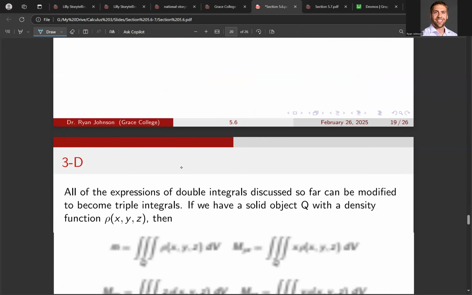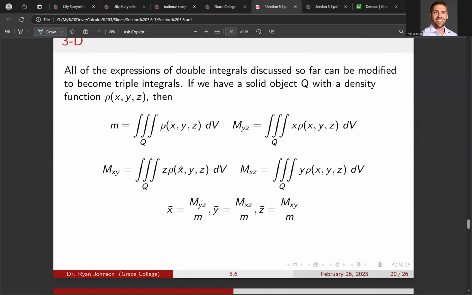Now, we can also do this in 3 dimensions, and it all works roughly the same. You call your moments Myz, because it's the moment around the YZ plane, where the distance from the YZ plane is x. And the moment around the XY plane is z. So whatever letter is missing, that's what you're throwing in here.